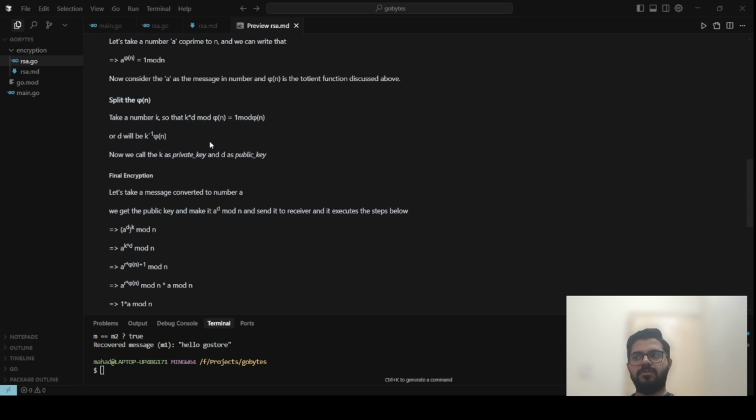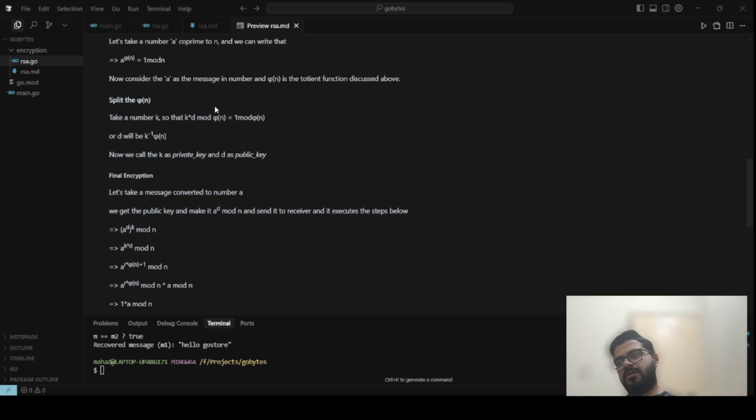Which means that k times d equals, let's say, r times phi of n plus 1. So eventually 1 mod phi of n will be the result over here, right? And d will be the k inverse mod phi of n, right?